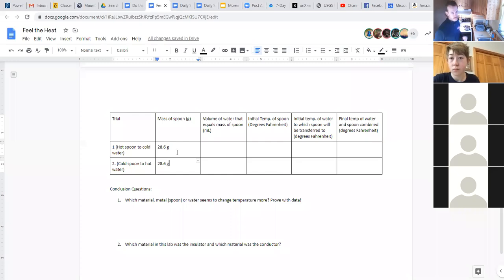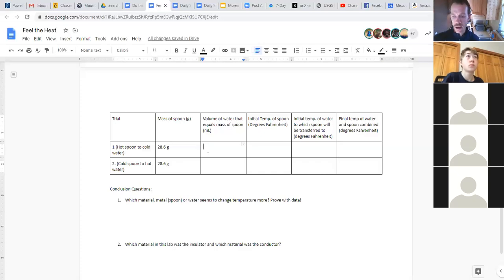The other variable that I'm attempting to eliminate here is the amount of matter. So this next heading over is going to ask me to put the spoon into some water, and I want an equal amount of water to the spoon. You may have heard me say this before throughout the year, but 1 milliliter of water is equal to 1 gram of water.